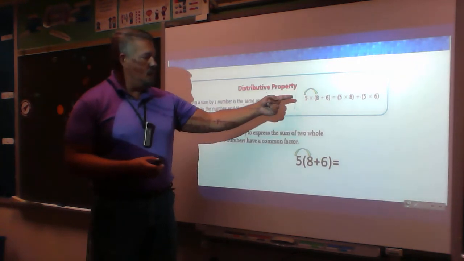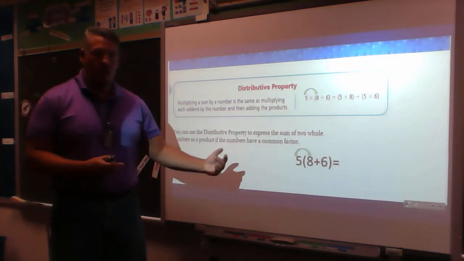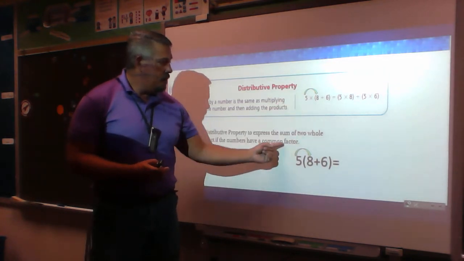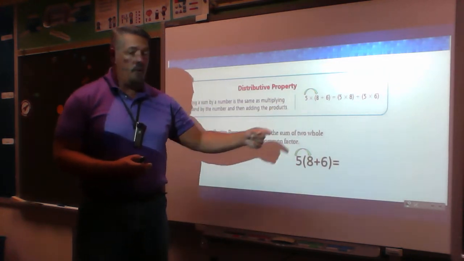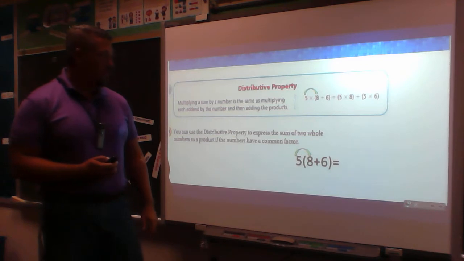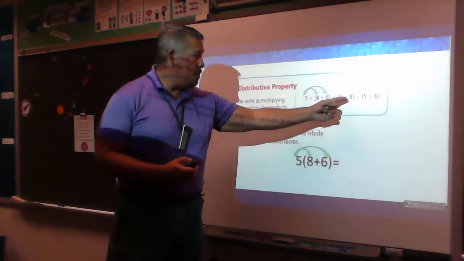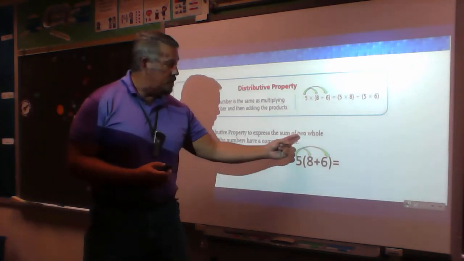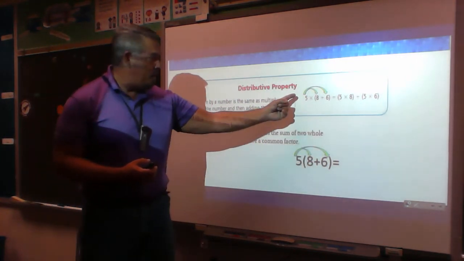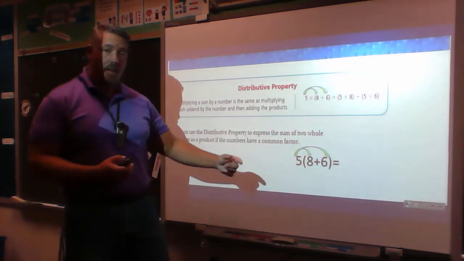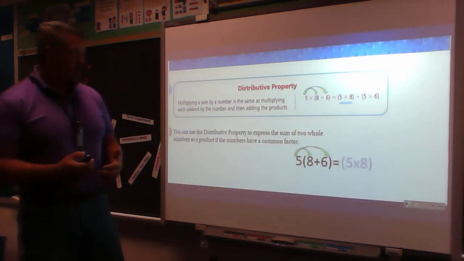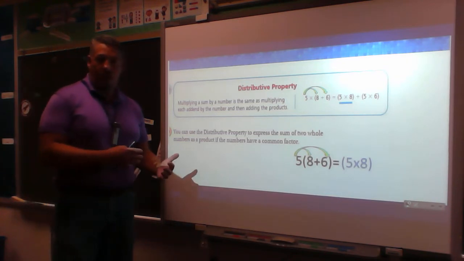That's what the book has done for you, and I show you in this example, it's the same thing. I can take 5 times the 8, the first number inside of the parentheses, and that's where my 5 times 8 in parentheses over here comes from. And then I would take 5 times 6. Up here it says 5 times 6, and that's where my 5 times 6 comes from inside of those parentheses. It helps me then solve the math problem.